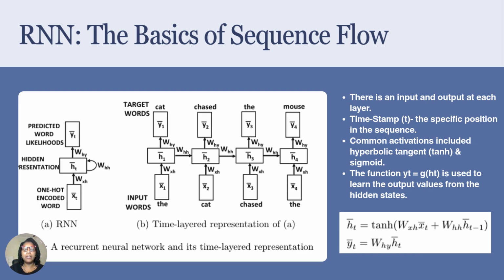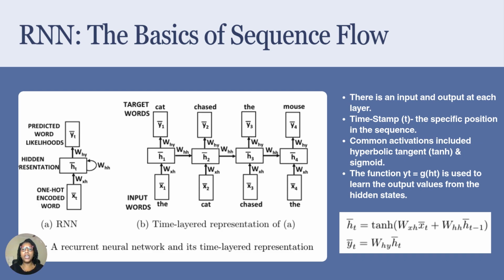That is a sequence here. This is a timestamp. And one thing to note is the weights of each timestamp is associated only with that particular timestamp. It does not carry to the next timestamp or the next layer, sorry. It updates based on what it learns. So it combines to create an updated hidden state or weight.